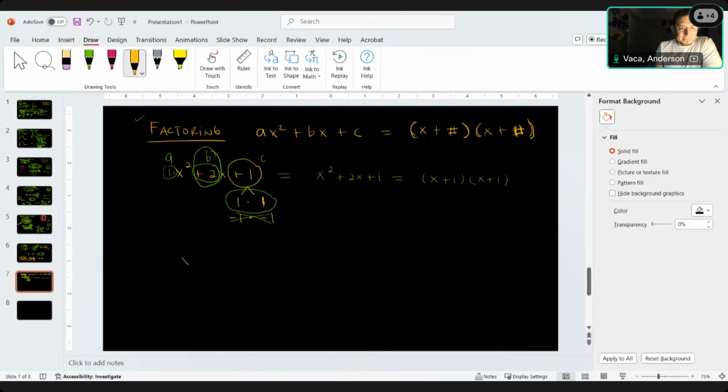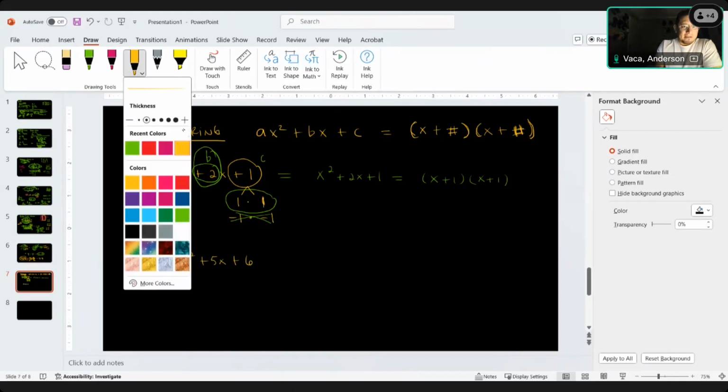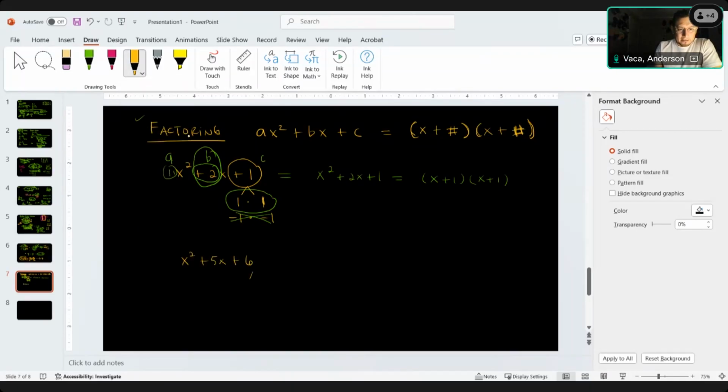For example, this one, x squared plus 5x plus 6. I am very interested in the numbers that multiply to 6. That will be 1 times 6, or it could also be 2 times 3.